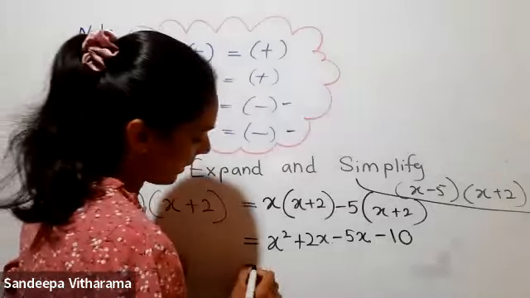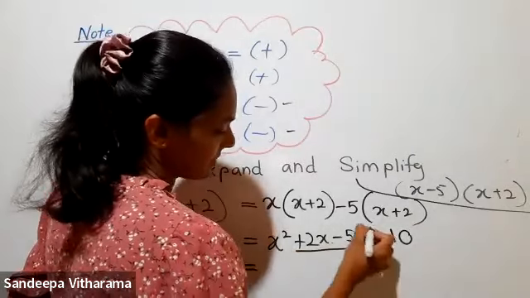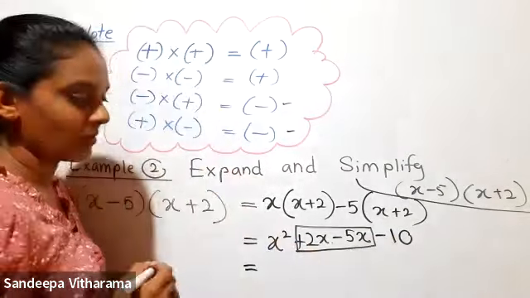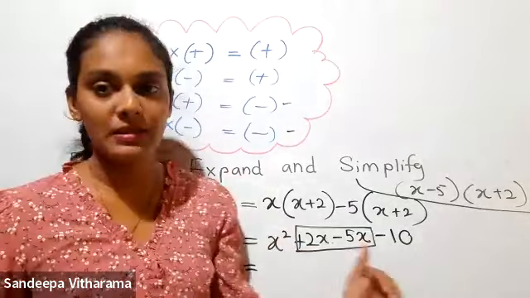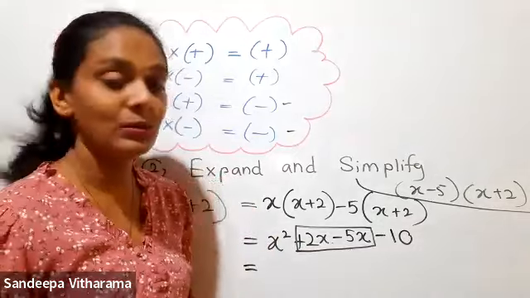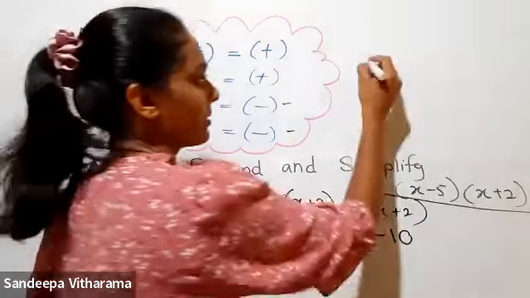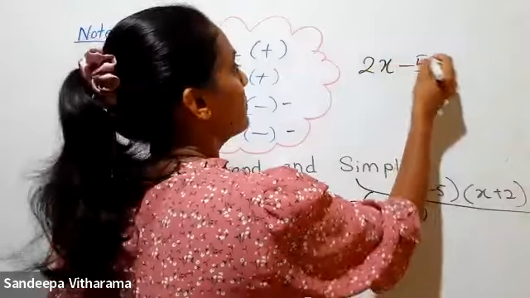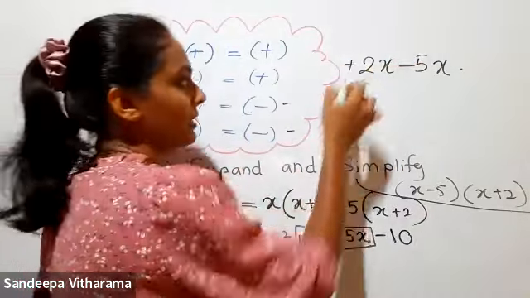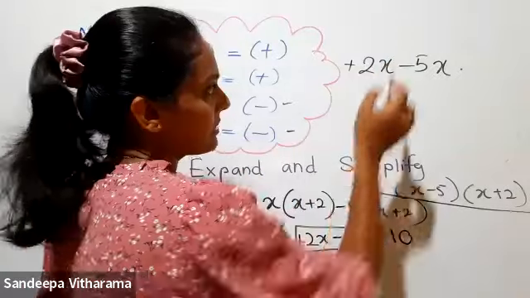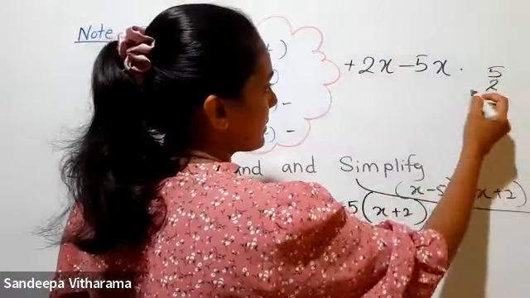Then there is an addition. When you have different sign numbers near to each other, on an occasion like this, what you have to do is just subtraction. Do the subtraction.